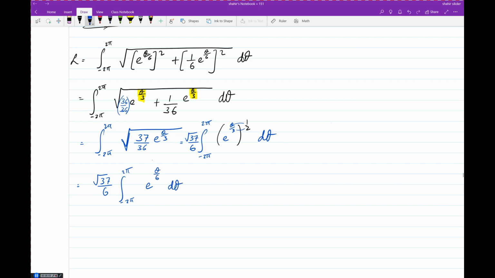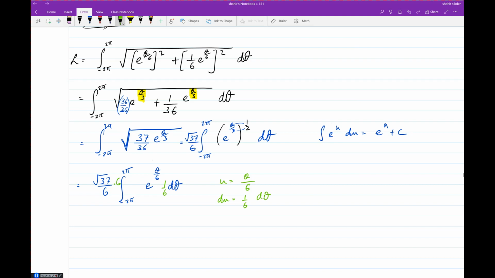Now, the integral of e to the u du is just e to the u plus c. So we need to tell what our u is here, and our u in this problem is theta over 6, so your du is just 1/6 d theta. I would go ahead and put a 1/6 here to compensate for it, and put a 6 outside.